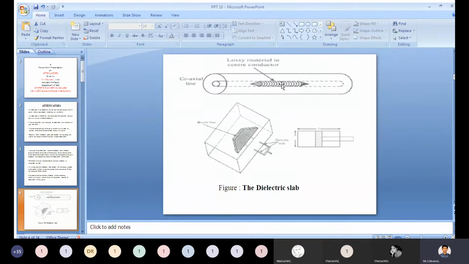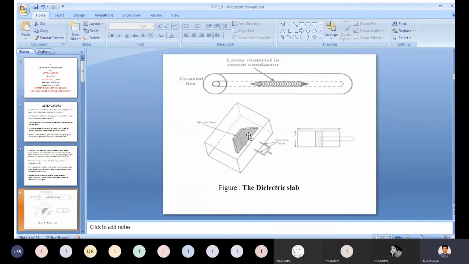In waveguides, the dielectric slab coated with aquadag is placed at the center of the waveguide, parallel to the maximum E field for the dominant TE10 mode.